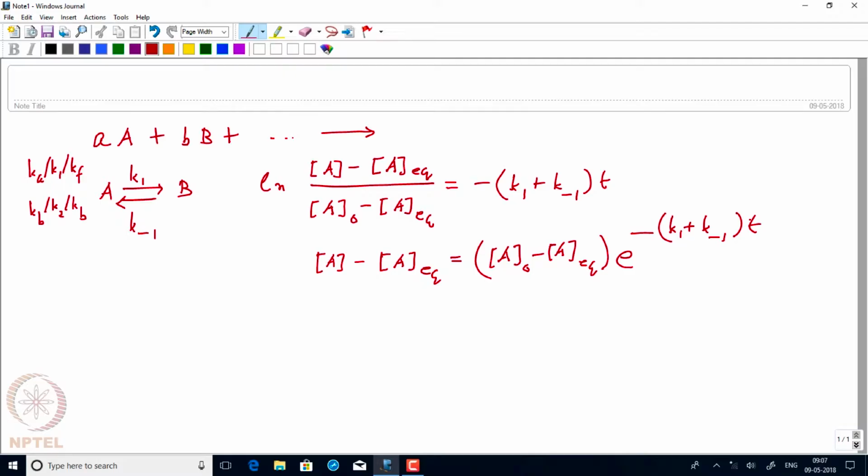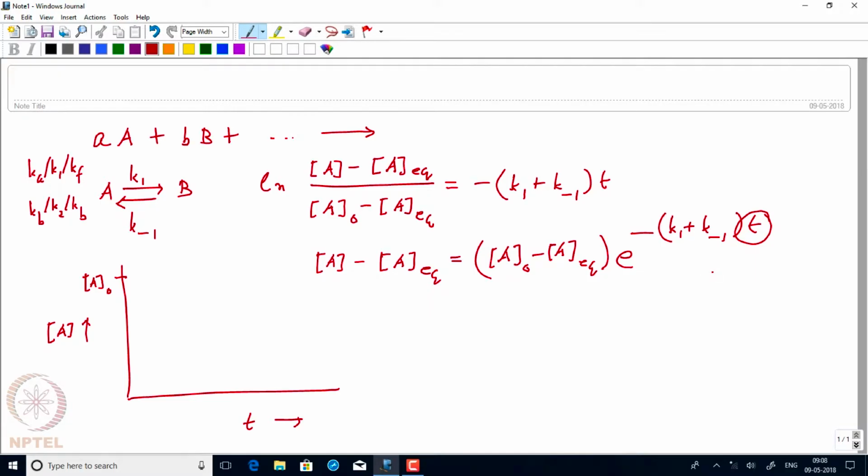Now let us try to understand how the plot will look if I want to plot A versus T, or the concentration of A, and how it varies with respect to time following this equation. As I know the initial concentration was A0, we can quickly check by putting T equal to 0 in this equation. The e to the power factor goes to 1.